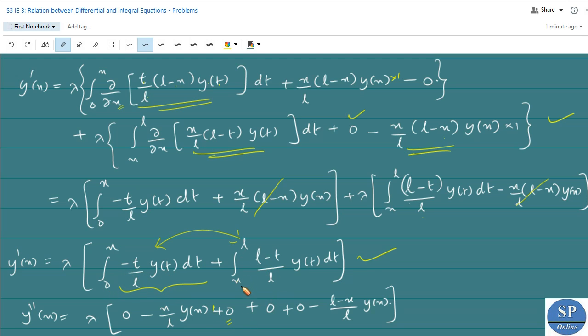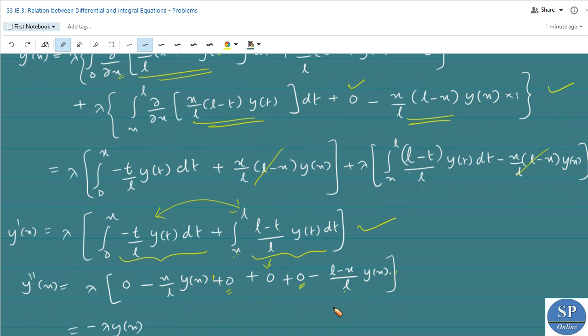In the next part, the first term is 0 because it is independent of x. For the second term we replace t by L and multiply by L', which is 0, so we get 0. The third term replaces t by x times x', so (L − x)/L y(x) times 1, with a negative sign.